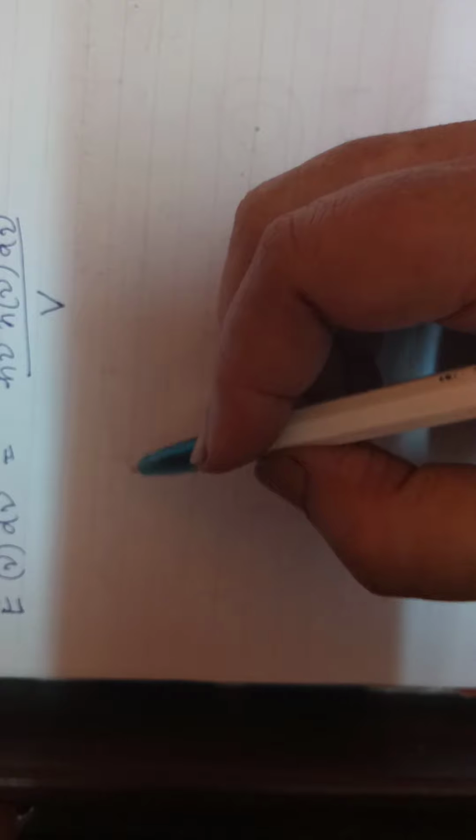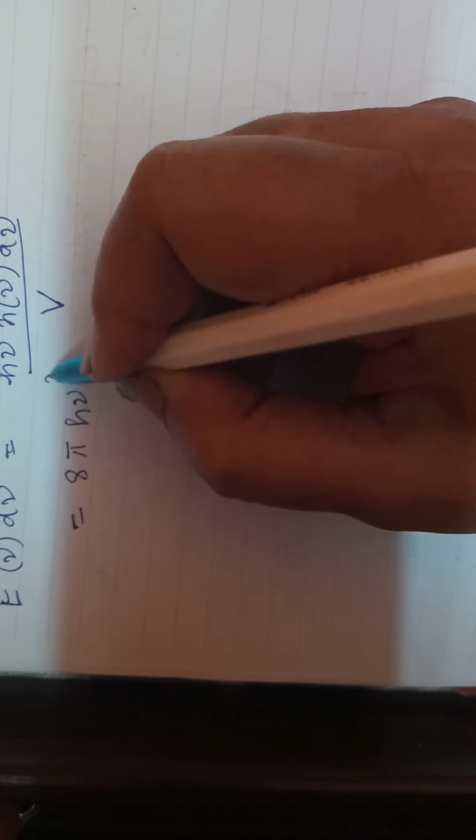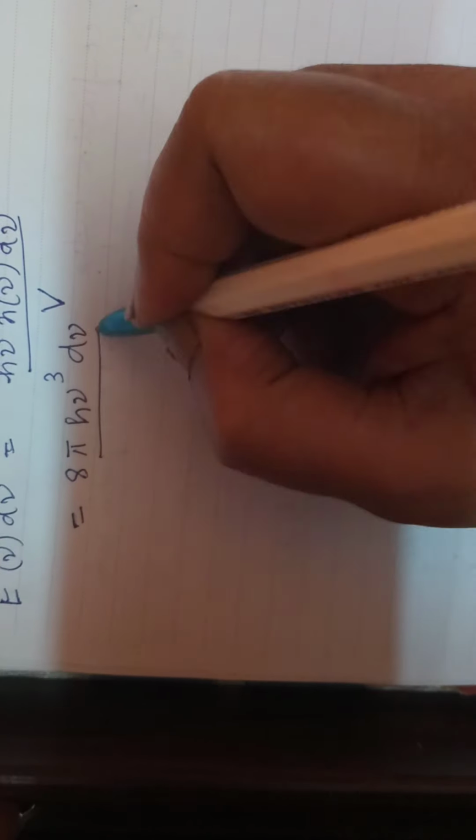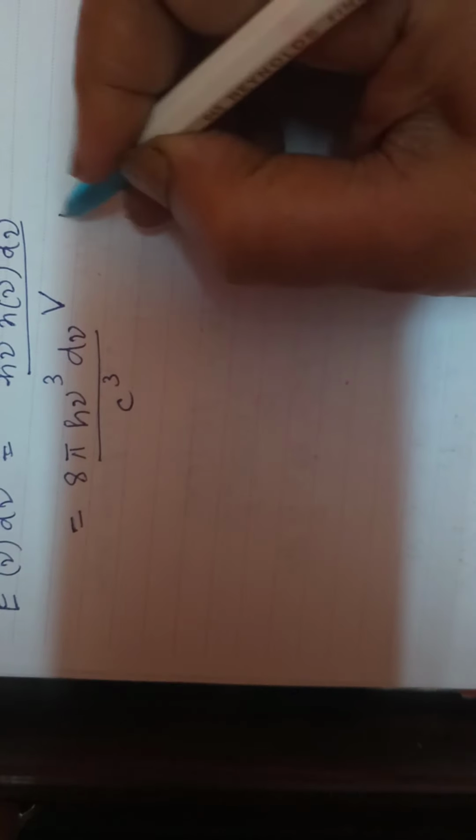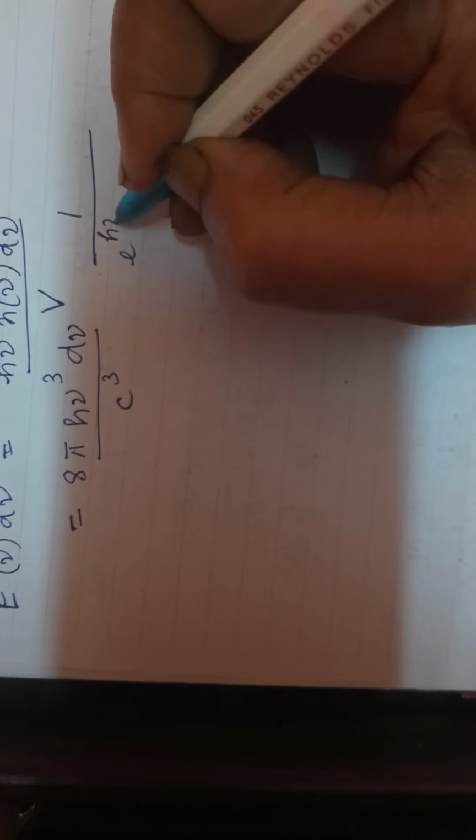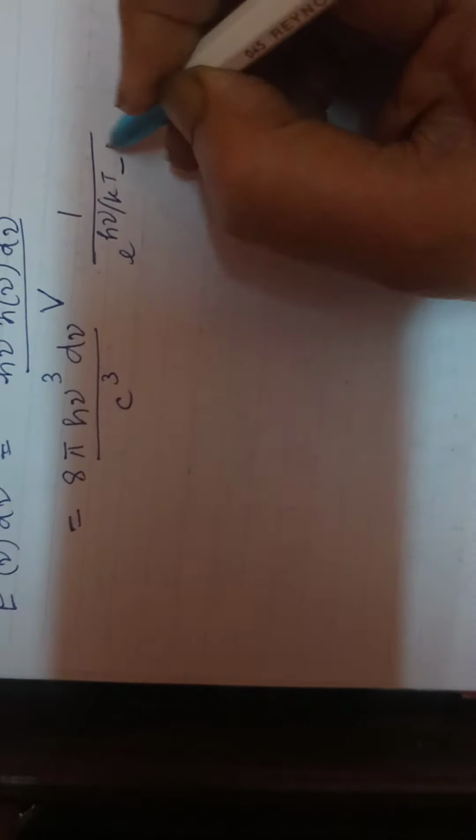So basically E nu d nu is h nu, the energy of one photon, times the number of photons between frequency nu and nu plus d nu per unit volume. If you just substitute the expression, you will see it is equal to 8 pi h nu cube d nu by c cube times 1 by e to the power h nu by kT minus 1.